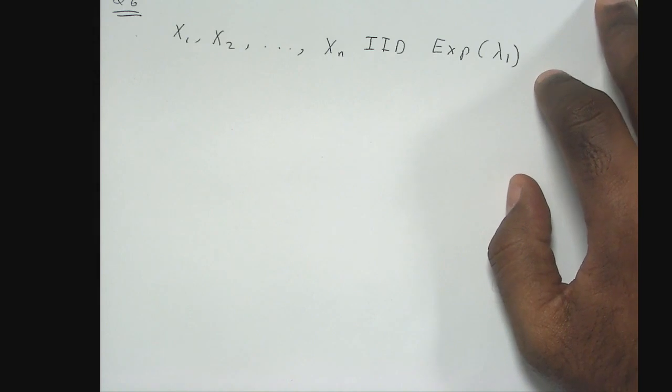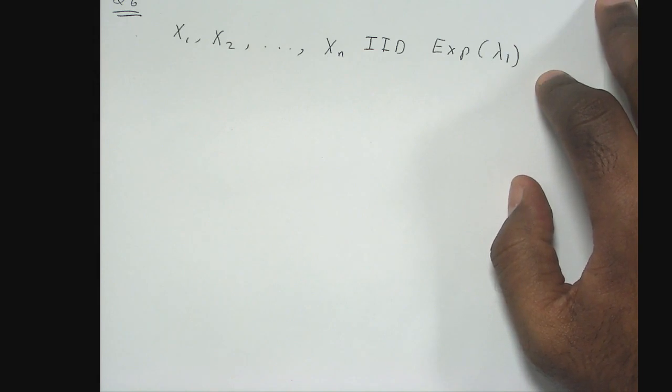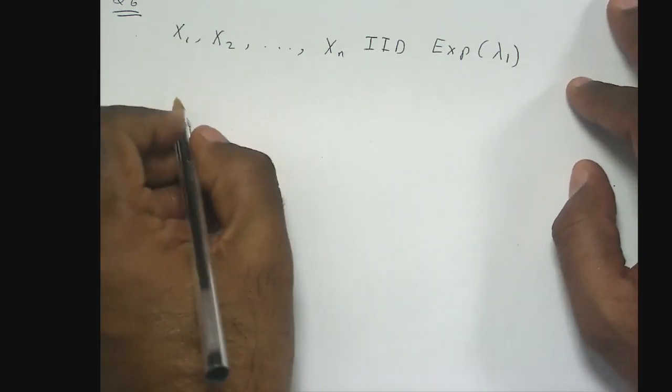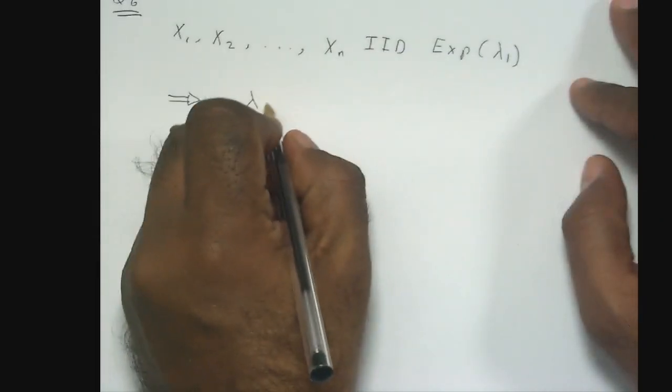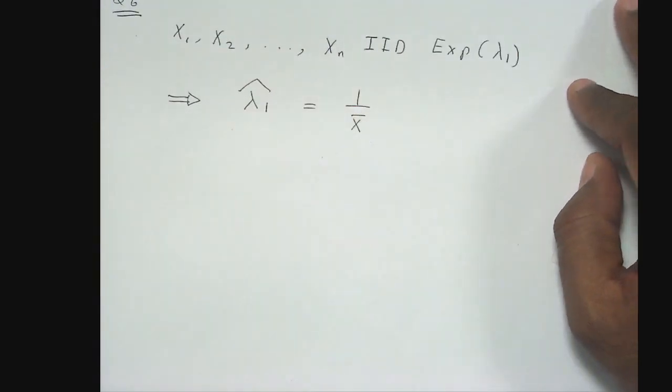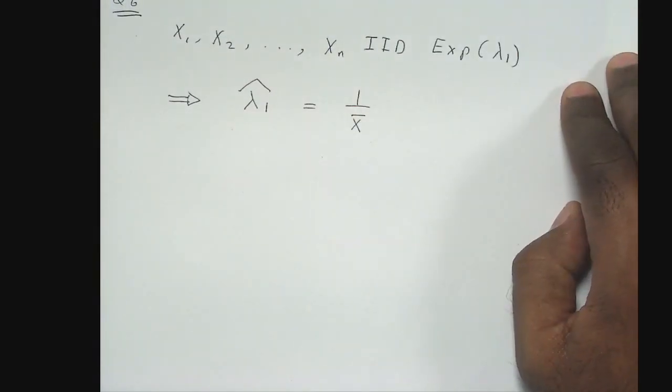The MLE for the lambda parameter in the example I did was 1 divided by the sample mean. You can look back in the scan notes. So this implies that the MLE for lambda 1 is equal to 1 divided by x bar, the sample mean, right?